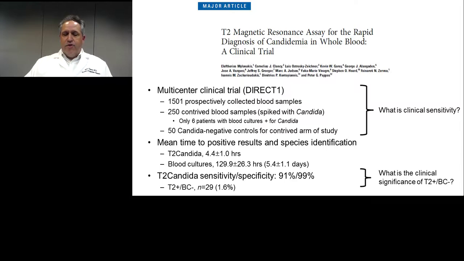And then a second question is shown here on the bottom of the data presented to the left, where 29 or almost 2% of the patients in the original DIRECT-1 study, in fact, had these discrepant T2 Candida positive blood culture negative results. 29 patients. And the question is, what is the significance clinically of these discrepant results? So my objectives will be to answer both of these questions.